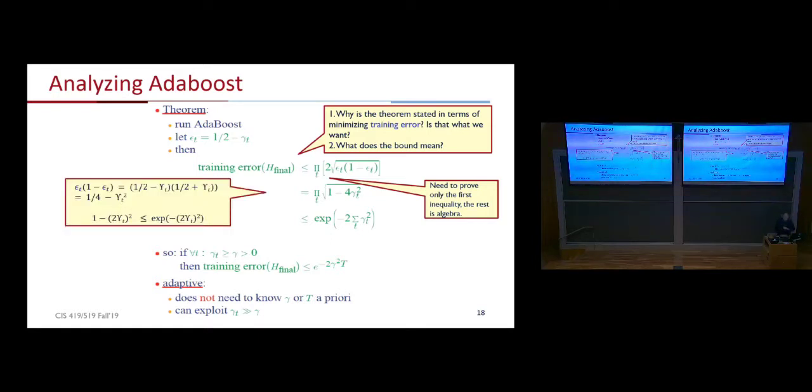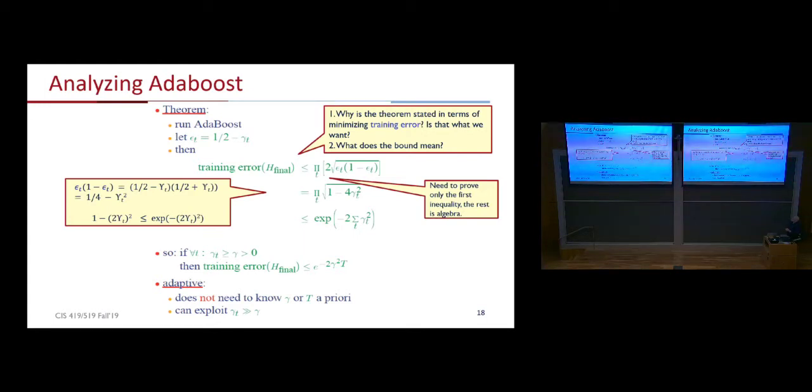Basically, I'm writing this epsilon t. So this says that the training error is less than the product over all t's of this expression: 2 times the square root of epsilon t times 1 minus epsilon t. And here I'm just writing it. This is just simple algebra.